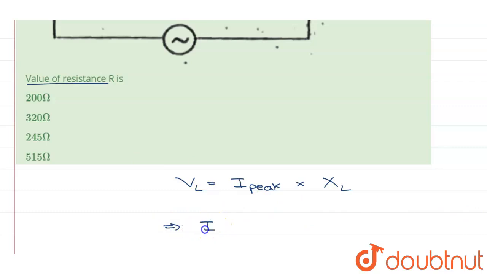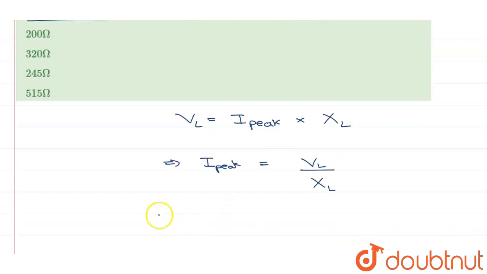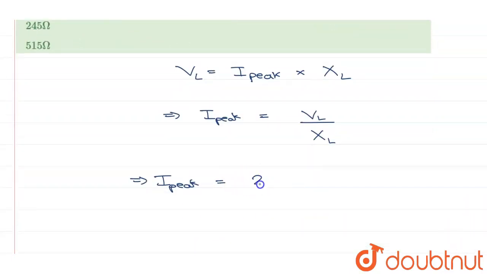So the peak current from this equation will be equal to the peak voltage upon XL, which means the peak current will be equal to the peak voltage across the inductor, which is given as 20 volts, upon XL, and XL is given by omega into L, where omega is the frequency of alternating potential difference and L is the inductance.